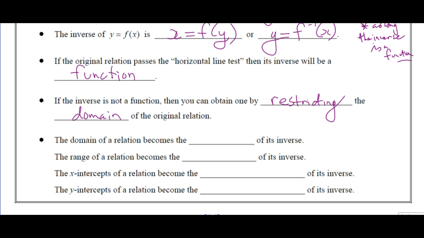The domain of a relation becomes the range of its inverse. The range of a relation becomes the domain of its inverse. The x-intercepts become y-intercepts, and y-intercepts become x-intercepts.